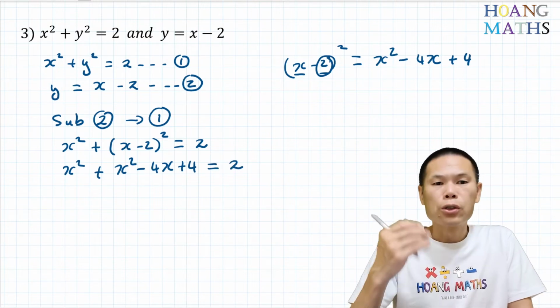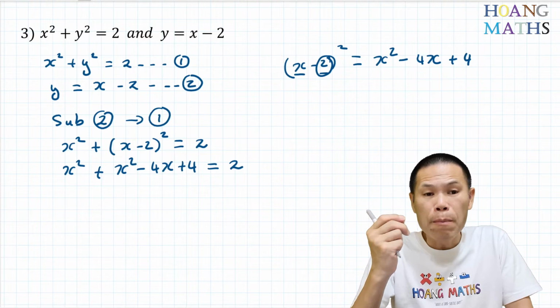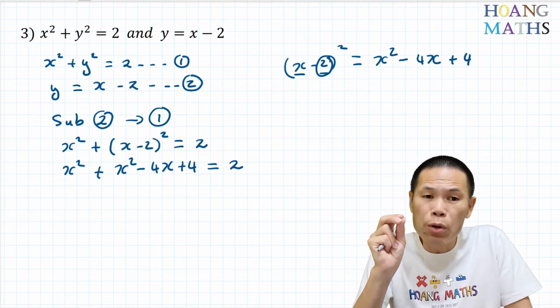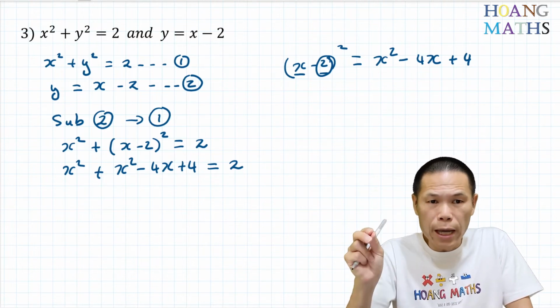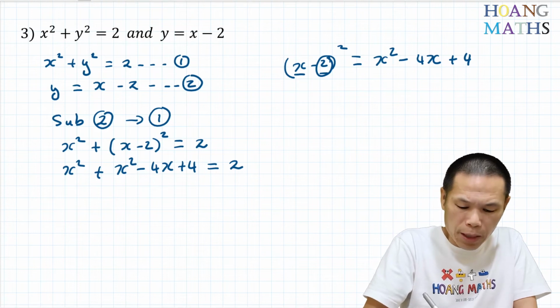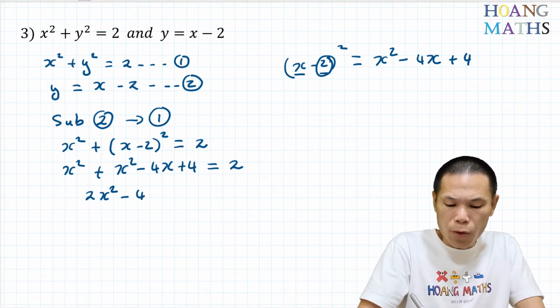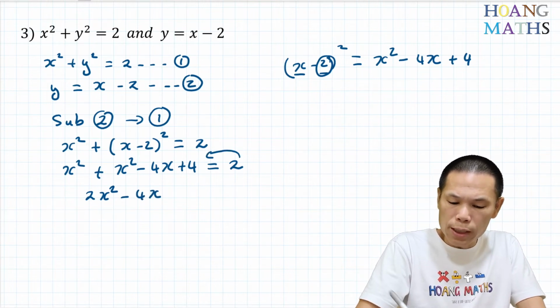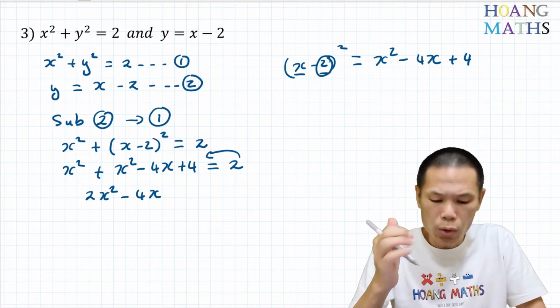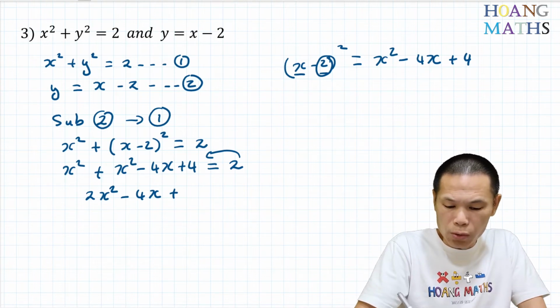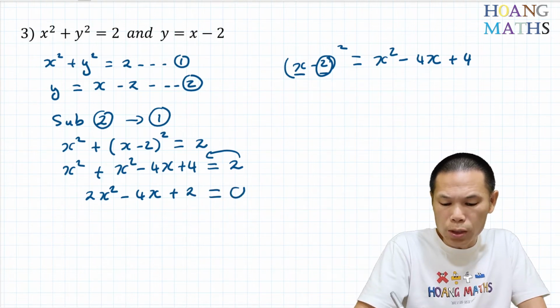Now I simplify by collecting the like terms and moving the 2 to the other side. So x squared plus x squared gives me 2x squared, then minus 4x, and 4 minus 2 is 2, so plus 2 is equal to 0.